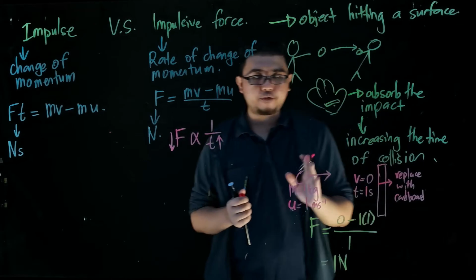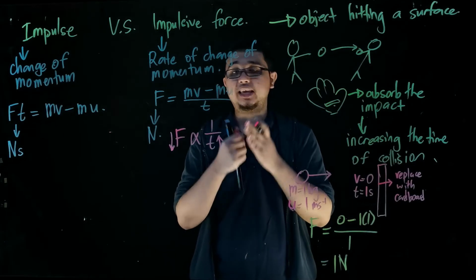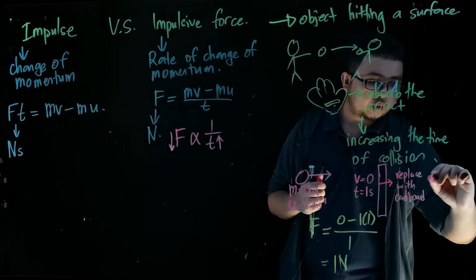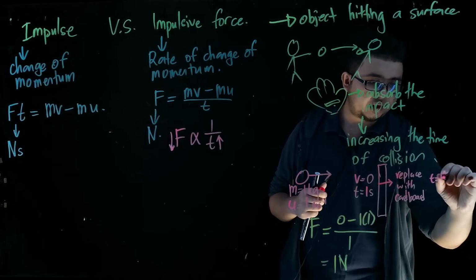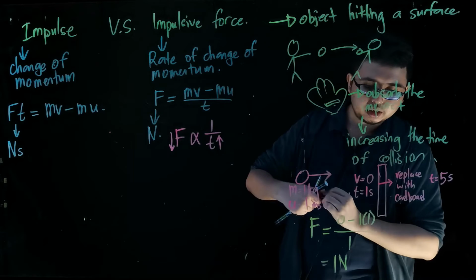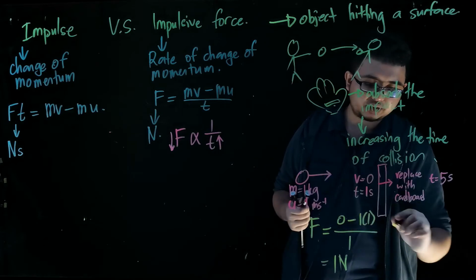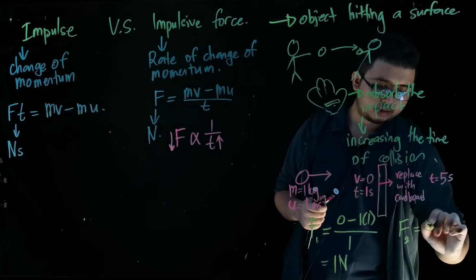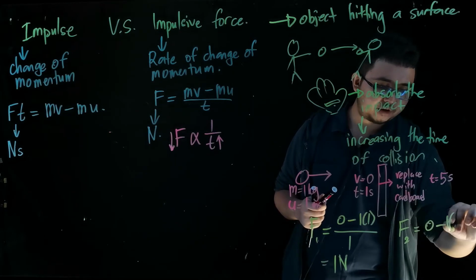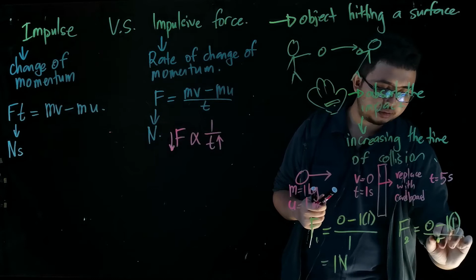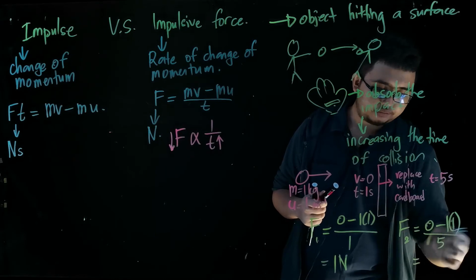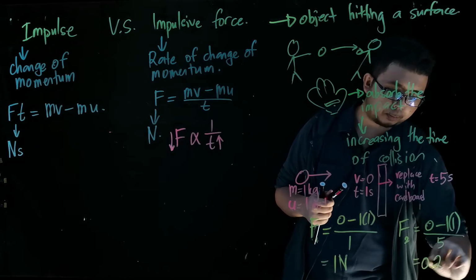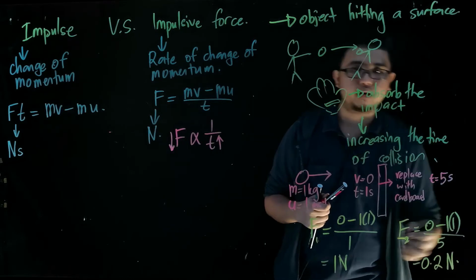Now, the time of impact is going to be increased drastically, let's say to 5 seconds. You're going to have the same formula, but a different final value. The impulsive force would be roughly about 0.2 Newton.